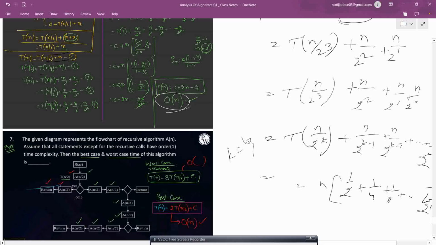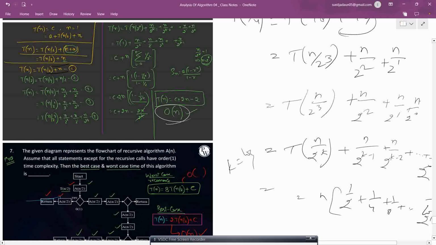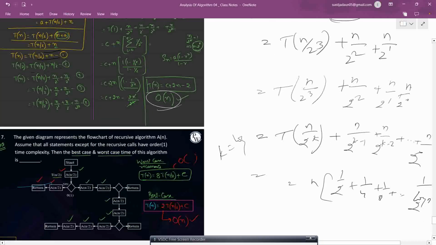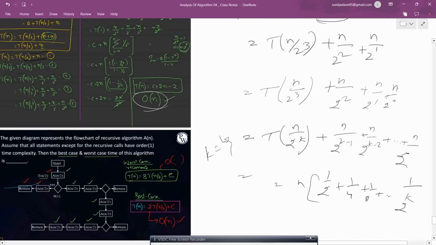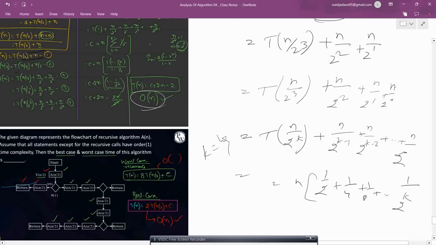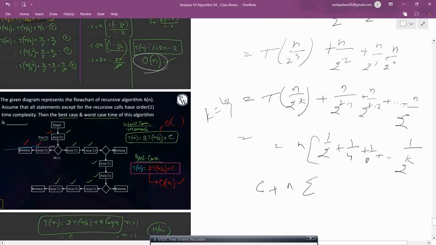Is it the same? So let it be k, right? So this is c, then c plus sigma i is equal to 0 to how much?